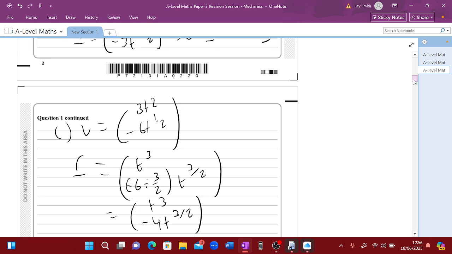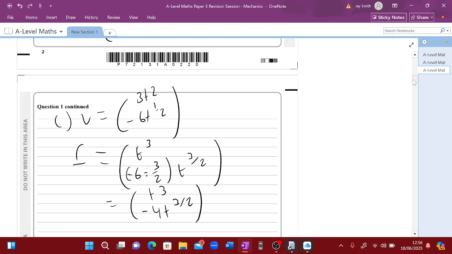Okay, but also, when we're integrating, we have a plus c, don't we? So when we integrate the top part, we're going to have a plus c, and when we integrate the bottom part, we're going to have another constant, say d. So that'll be plus c and plus d. However, I don't like doing it there.